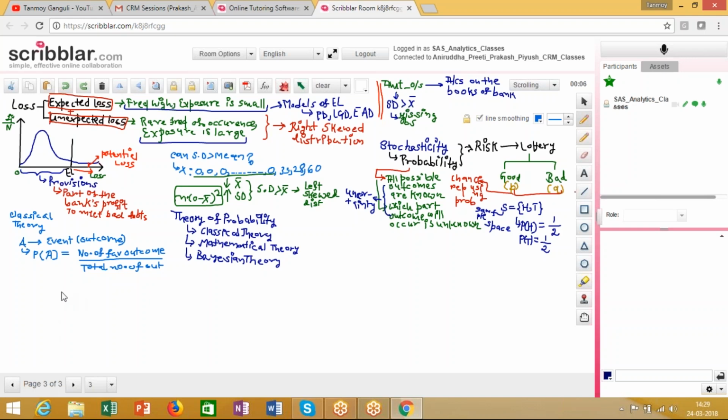So let's look into some very basic examples. One of the most basic examples is the one that I started off with in the last class. Say I am tossing a coin.